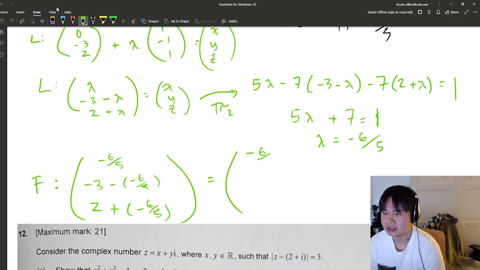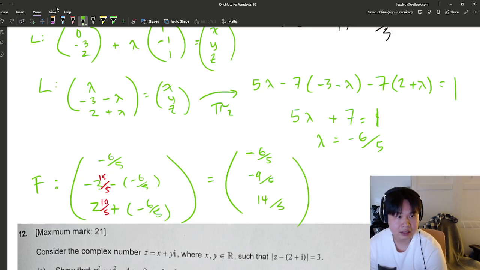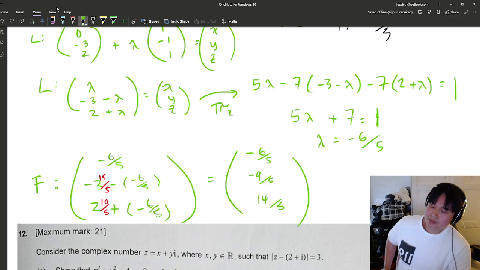I hate this. What is this? 15 over 5, 10 over 5, negative plus 6. Sure, something like that. You get the gist.